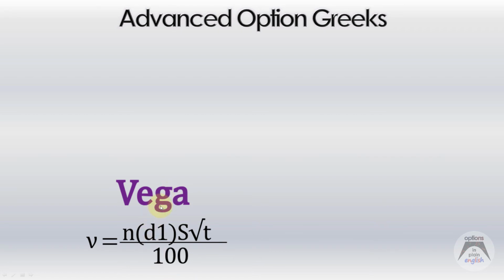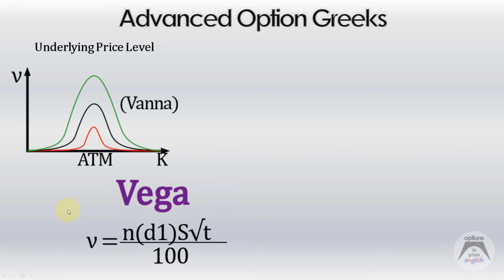So let's take a look at how it changes over price, implied volatility, and time to expiration. If you have a higher price, you're going to have more Vega. Why? Because a higher price is going to make your option itself have a higher price, and because of that, your Vega is going to be proportional to that.